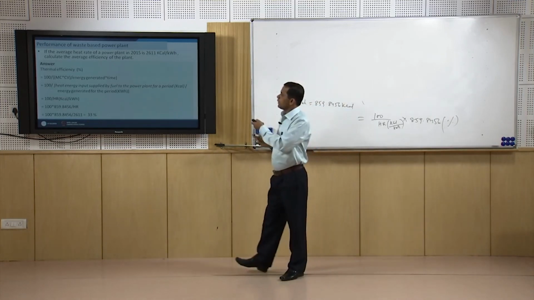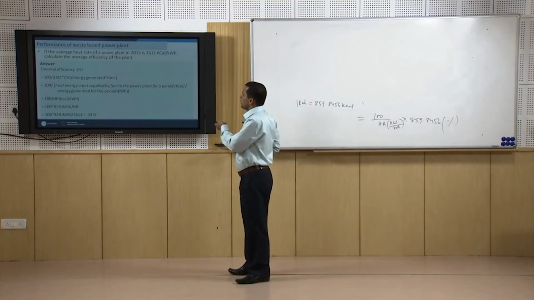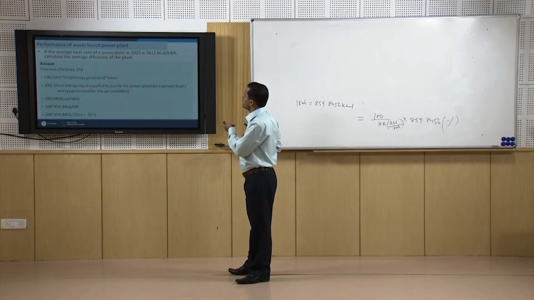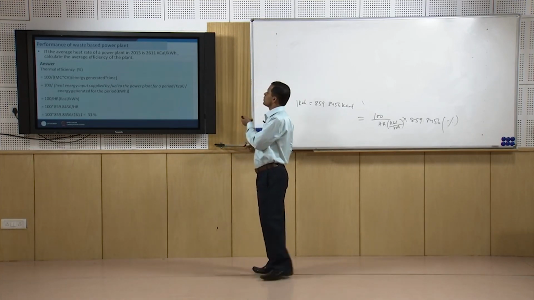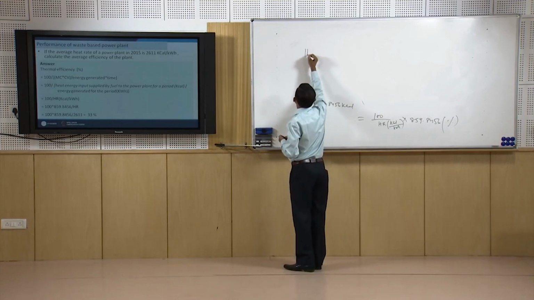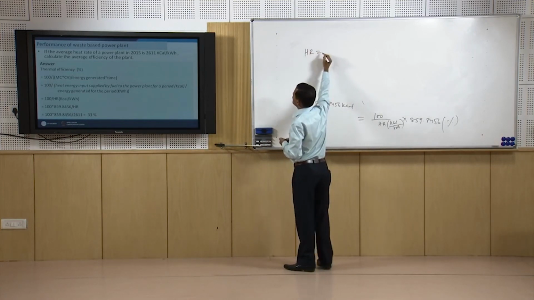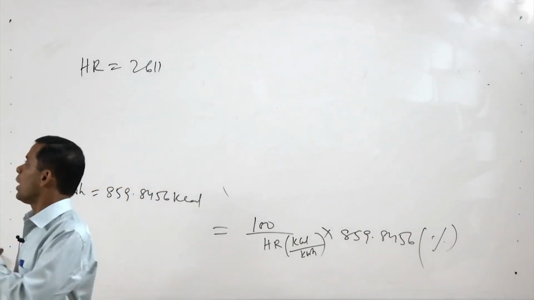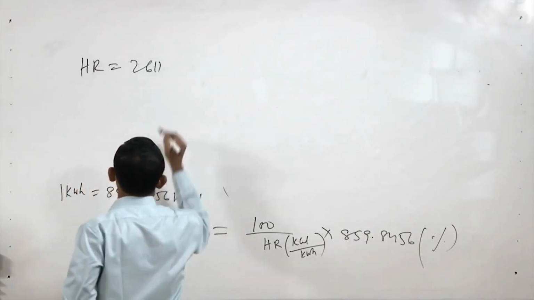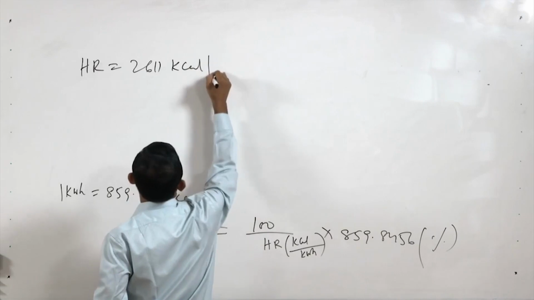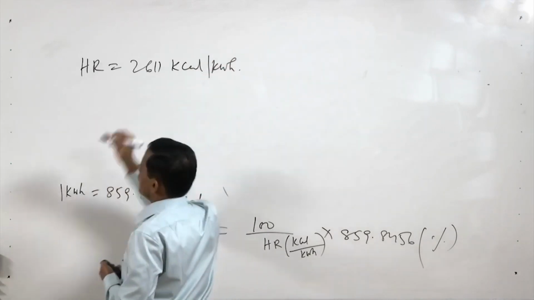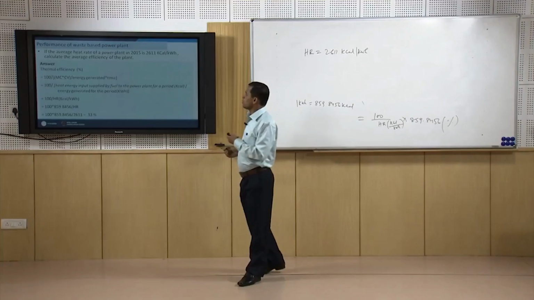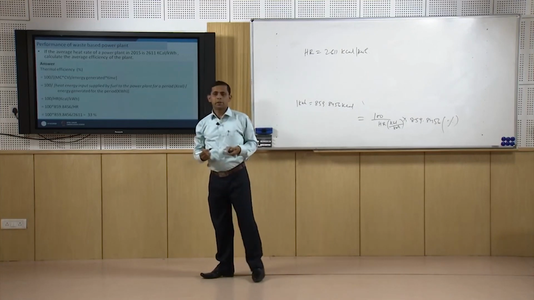Now, let us calculate the thermal efficiency of a plant. Let us see the statement. If the average heat rate of a power plant in 2015 is 2611 kilocalorie per kilowatt hour, then we have to calculate the average efficiency of the plant.